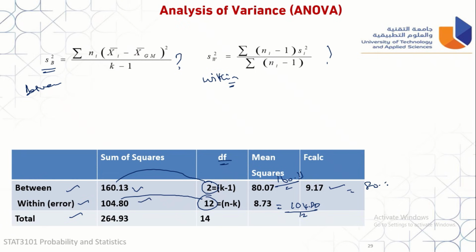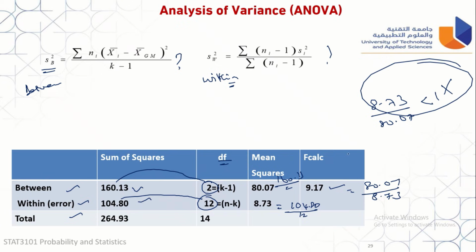This answer is 80.07 divided by 8.73. You will be getting this answer. So what mistake you can do? You may wrongly put 8.73 divided by 80.07. If you calculate like this, your answer will be less than 1, which means that the F value is wrong. F value is always greater than 1.